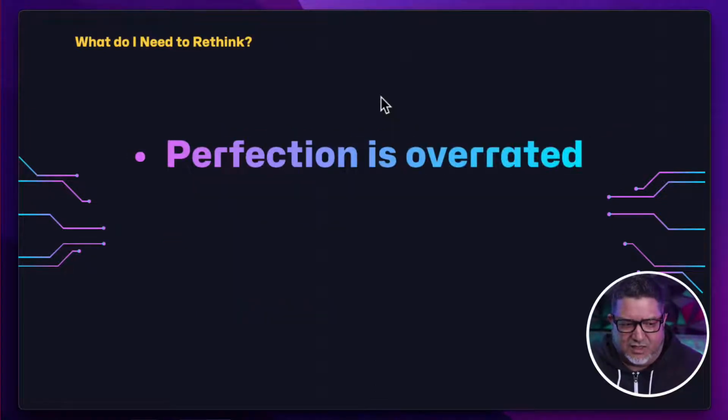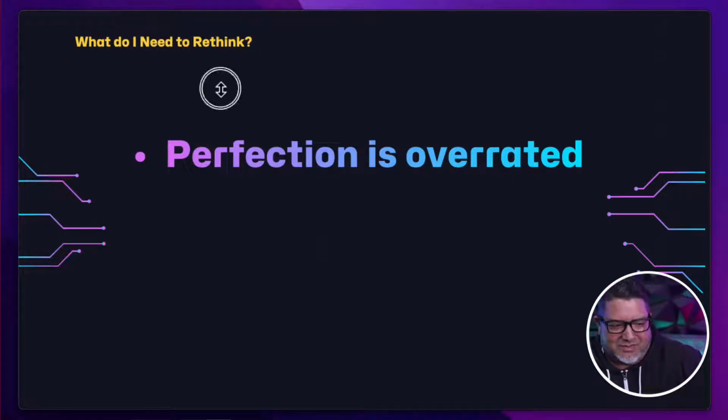Some of the things I've learned in updating my thinking about how I use AI is that perfection is overrated, in terms of not just the resolution, but the creative process usually means thinking of a lot of different ideas. I think some of the problems people have, especially when generating with AI, is that they have a very specific thing they want to accomplish, and sometimes the AIs aren't capable of giving them those specific elements.